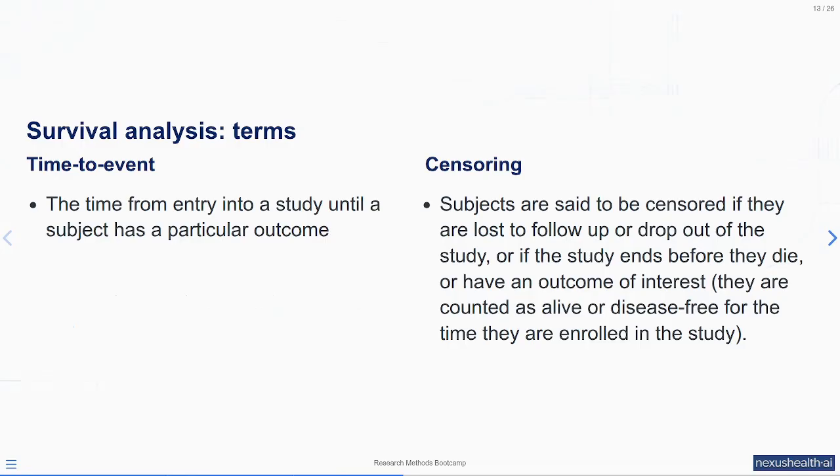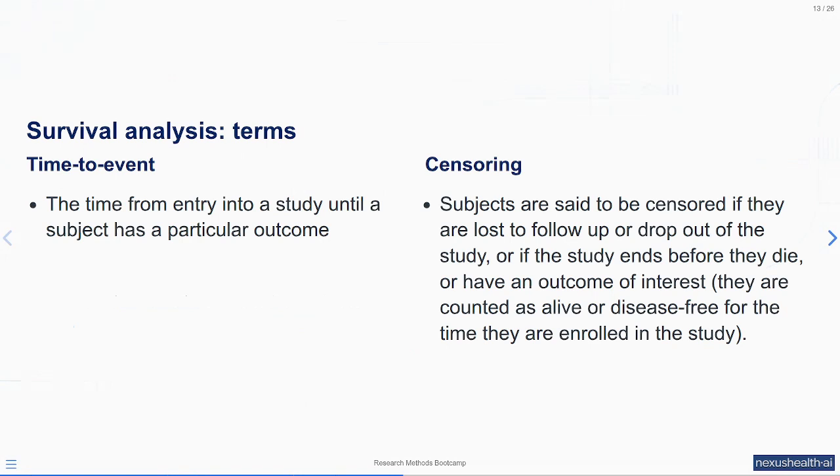It could be mortality, or it could be any outcome of interest. So they are counted as alive or disease-free for the duration in which they have been enrolled in the study. From the beginning of the study to the end of the study, they did not experience the event, so they are censored. If they are lost, they are censored.